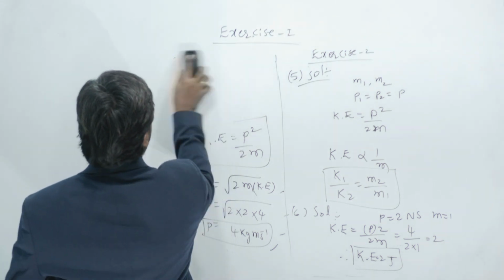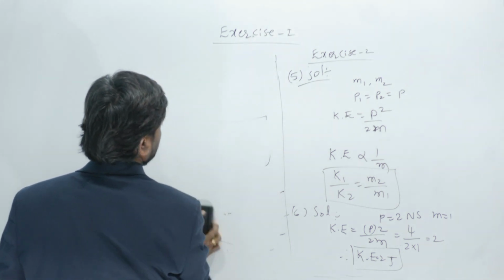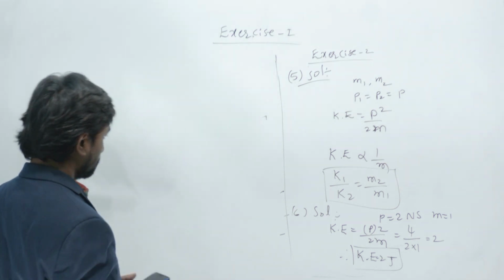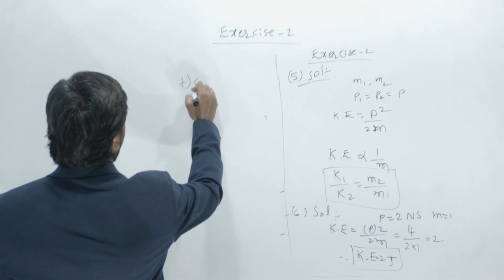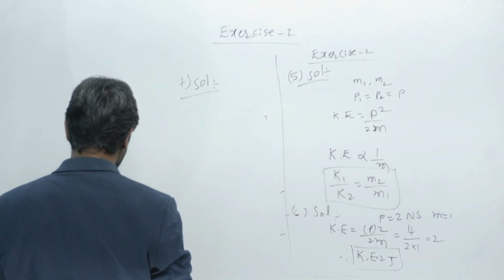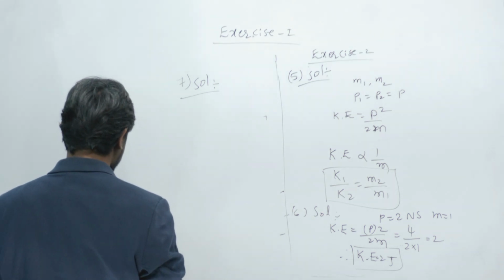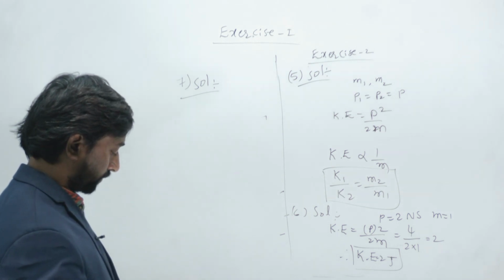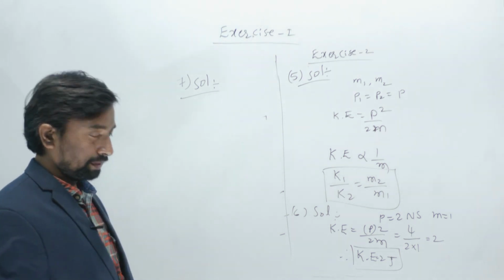Next, the seventh solution. What will be the momentum of a body of mass 20 gram moving with velocity 5 centimeter per second?